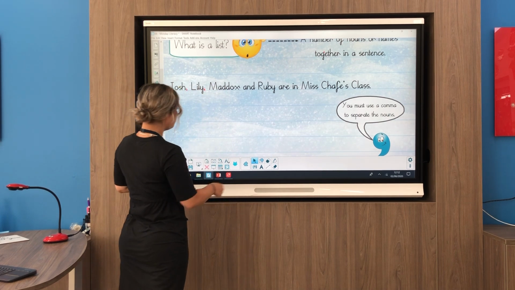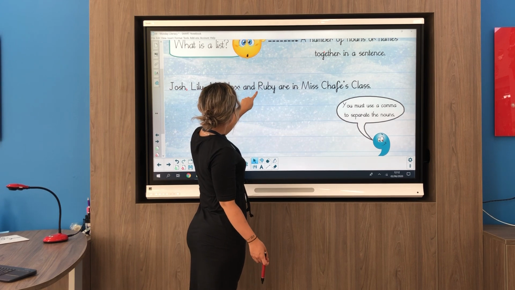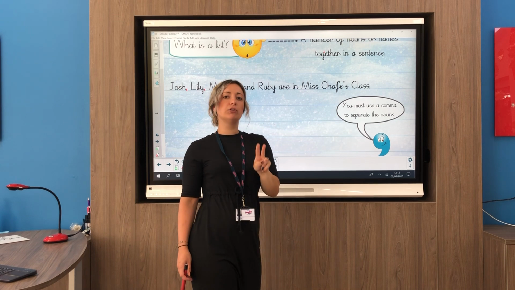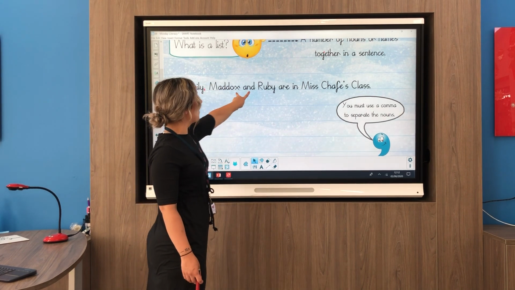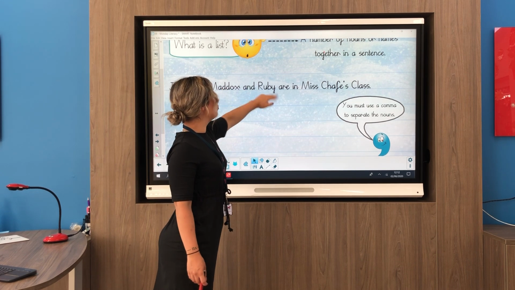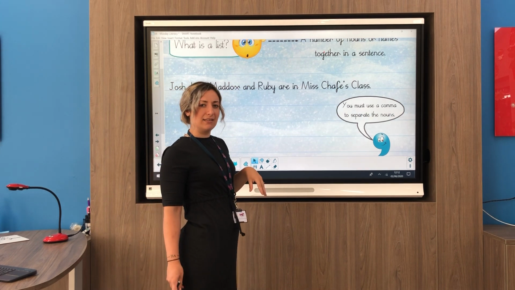Now you will also notice that there isn't a comma in between Maddox and Ruby. The second rule of writing a list using commas is that the final two nouns, which are Maddox and Ruby, have got 'and' between them so it makes sense.